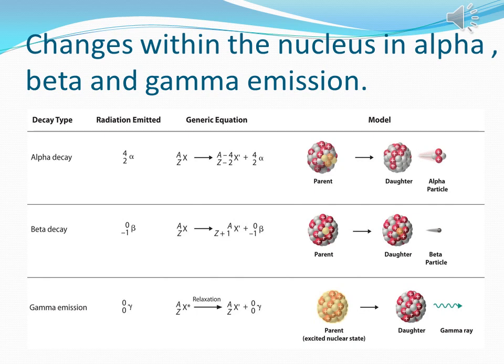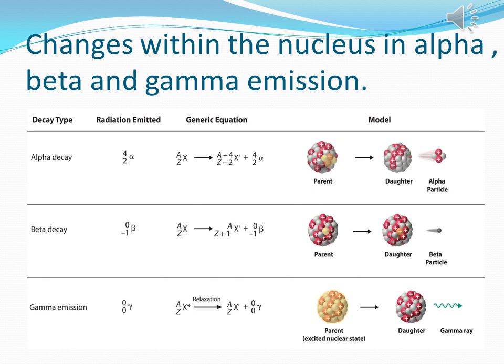Alpha emission. If an unstable nucleus contains many more neutrons than the number of protons, it may emit a particle containing 2 protons and 2 neutrons tightly bound together, known as an alpha particle. A stream of alpha particles is called alpha rays.